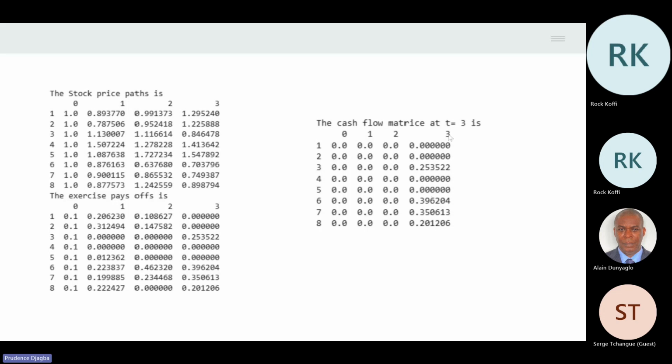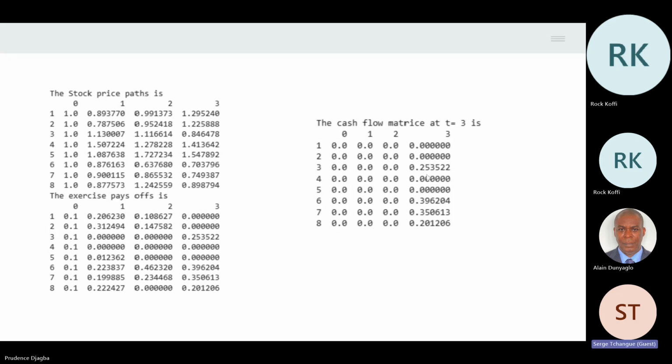So if it is a European option, we take the discounted value of the payoff, and the discount factor is exponential of minus r multiplied by 3, multiplied by all those values. That gives the price, but if you want all the cash flows, at t equal to 2 you discount everything by 1, at t equal to 1 you discount by 1 again, and at t equal to 0 you discount by 1 again. So at 0 you discount in total by 3.